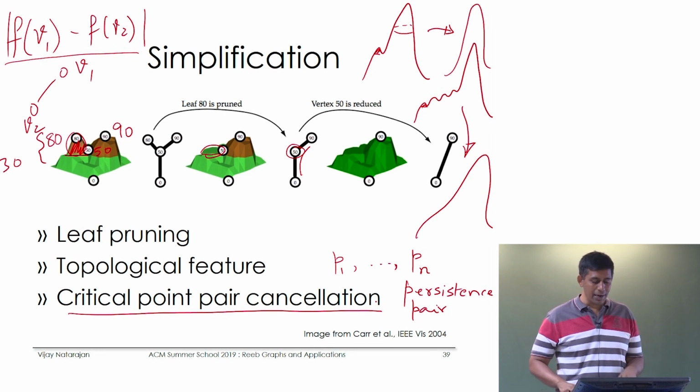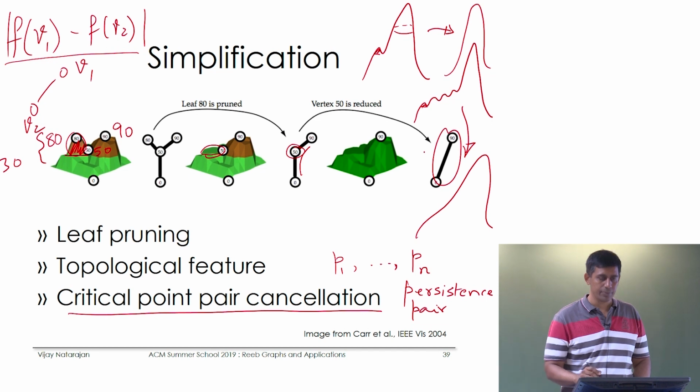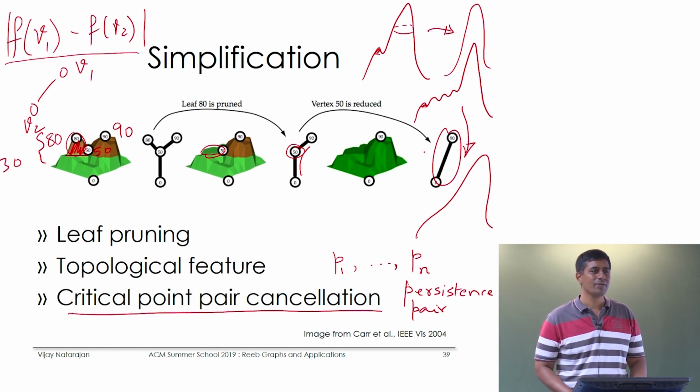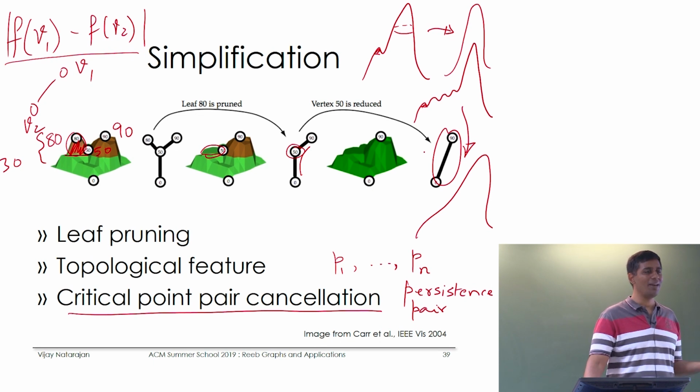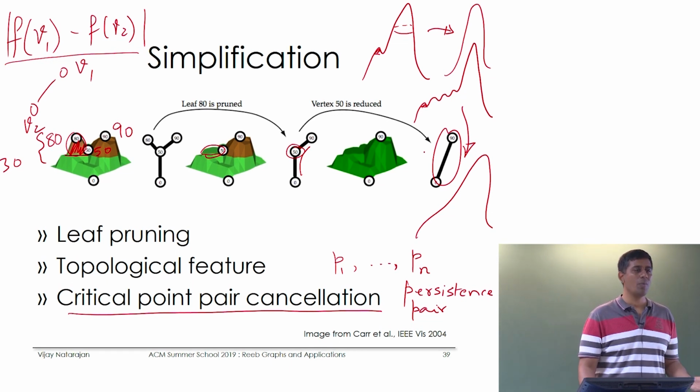You cannot really remove this final pair. You can remove it, but you will just change the topology of the domain. If you want to retain the topology of the domain and still have a Morse function, then you cannot remove the global maximum and global minimum pair.